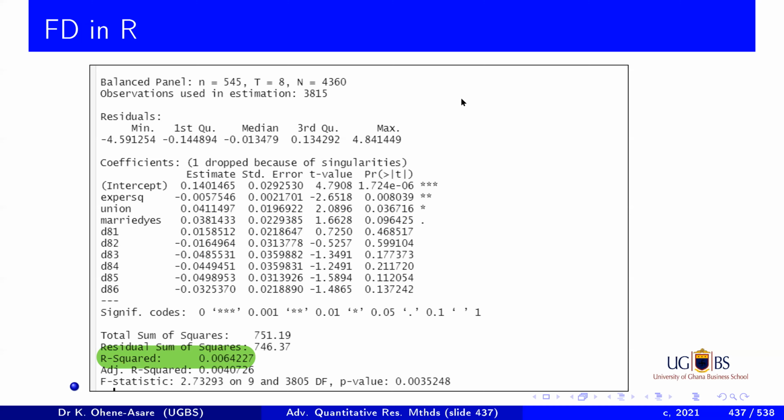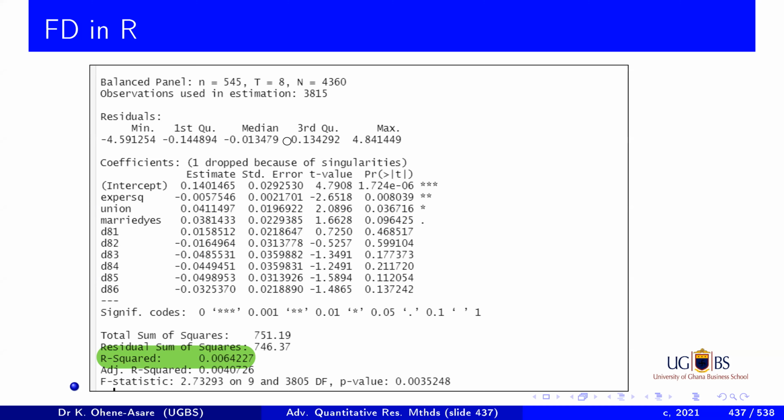Please, beside the coefficients, it's written that one dropped because of singularities. Please, what does it mean? Yes, that is the experience. So the singularities here, the experience will be highly correlated with the experience square. When you go and check it, the experience will be highly correlated with the experience square.